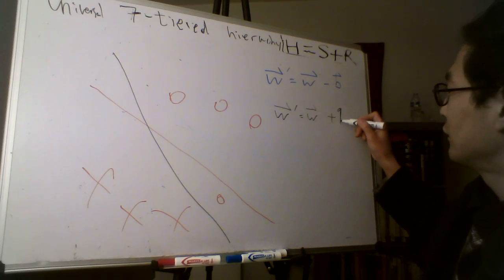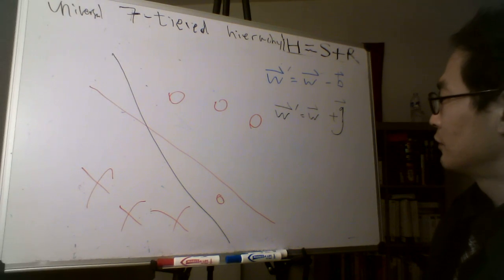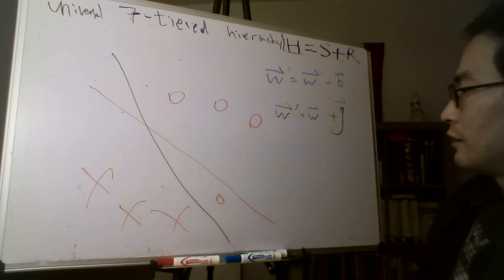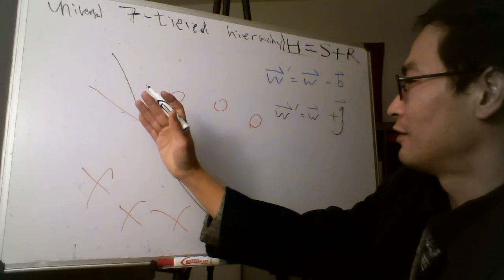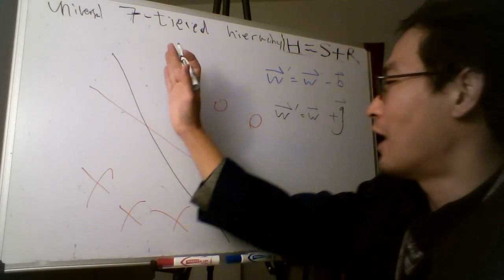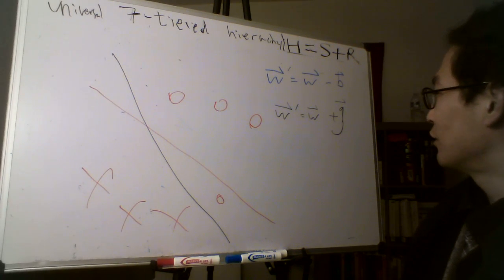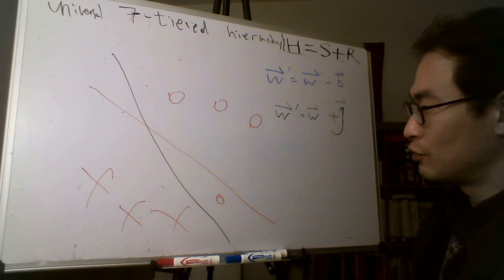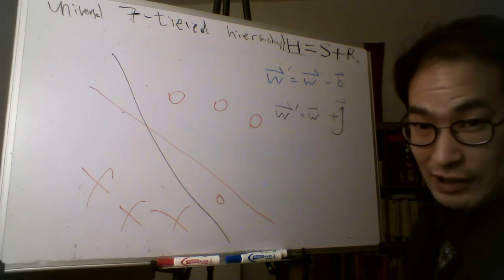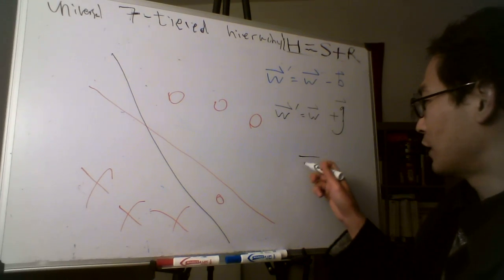Because x is going down, right? X is going down, meaning the coefficient, this weight vector, should go up in order to preserve the integrity of the equation, the equal sign.